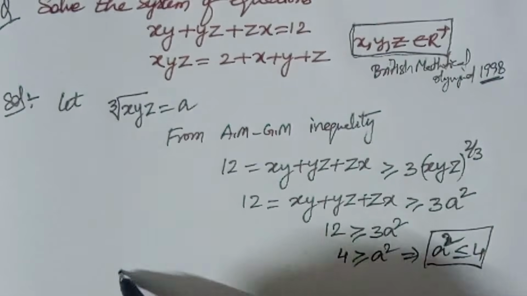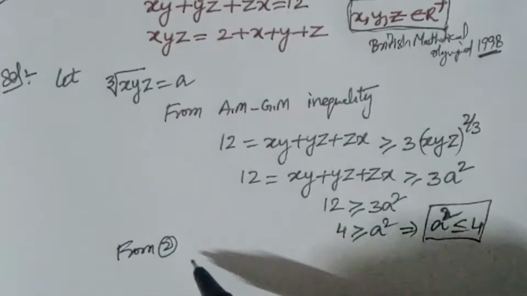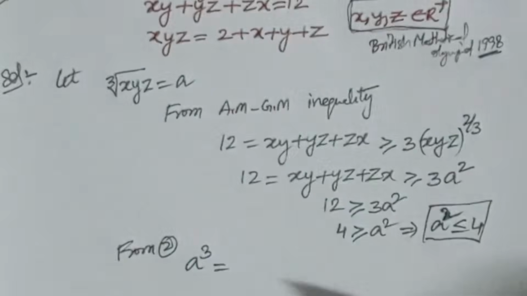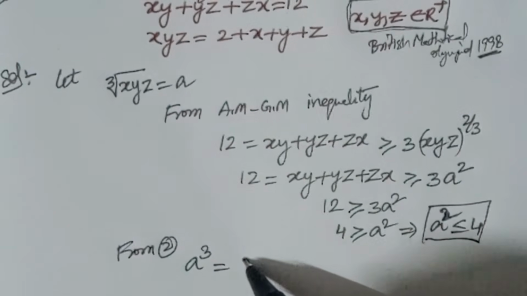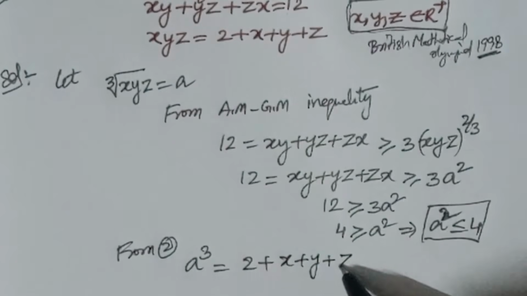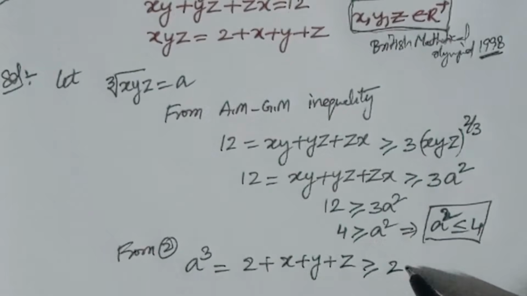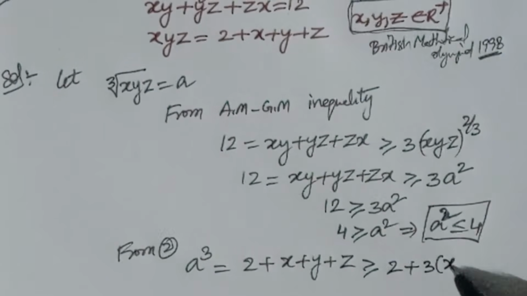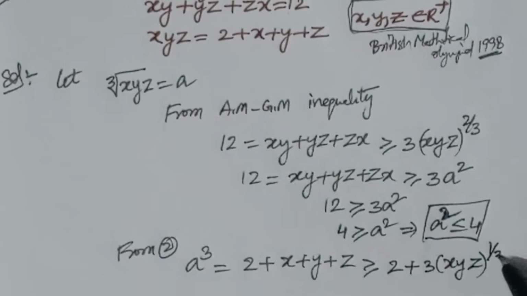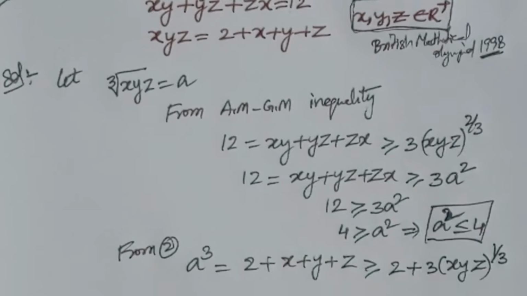Now if you apply this to the second equation, xyz is nothing but a cube. So a cube equals 2 plus x plus y plus z, which is greater than or equal to 2 plus 3 times (xyz) to the power of 1 by 3.